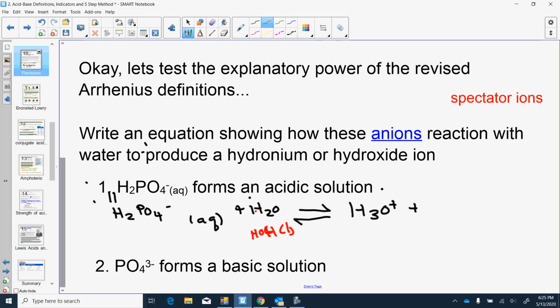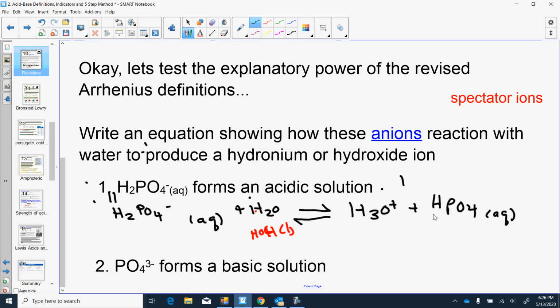Well, we need to take one of the hydrogens away from the H2PO4. So what happens is, this is H2O, or HOH, and it's going to donate one of these H's. So that's where the H3 goes. But what's this going to look like after it's done? It's going to look like HPO4 aqueous.